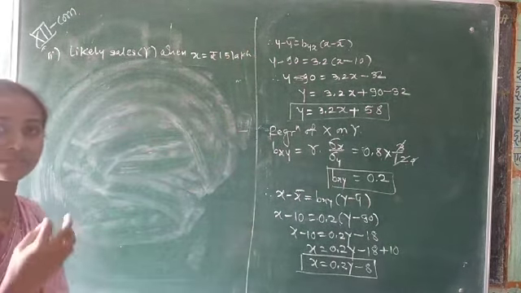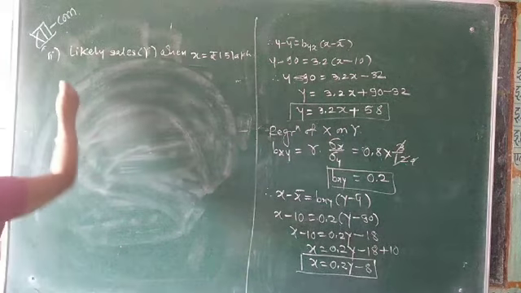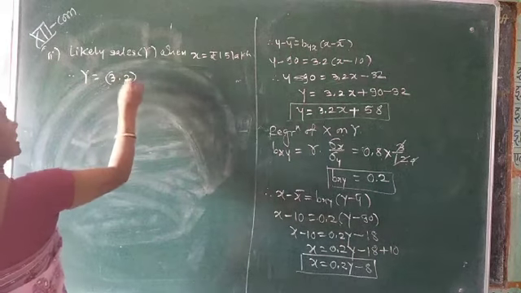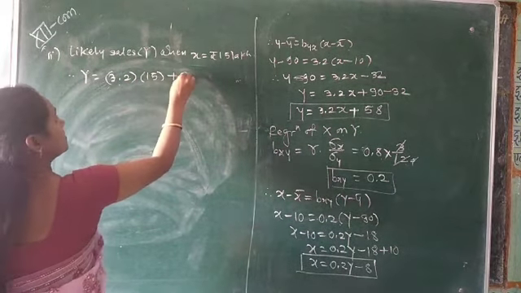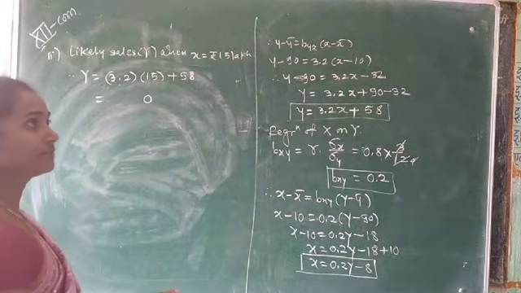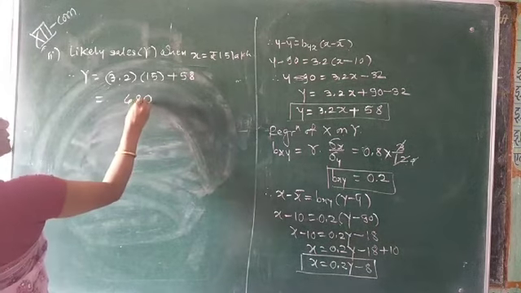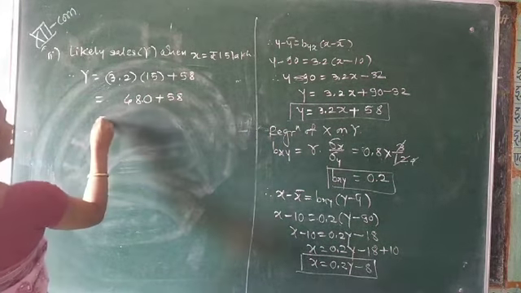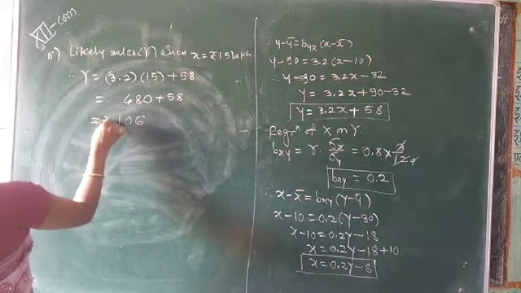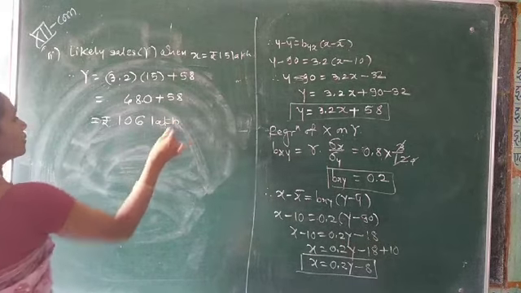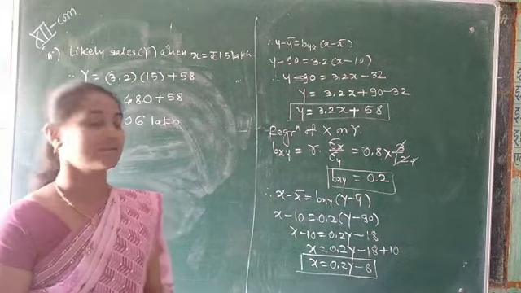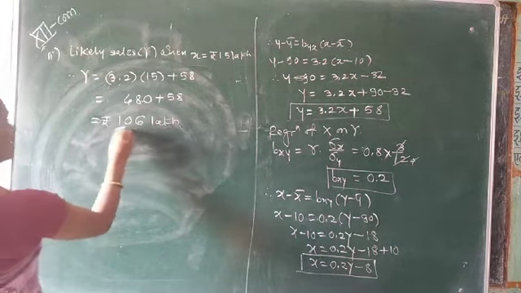That means we have to estimate y when x is 15. Therefore y is equal to 3.2 into 15 plus 58. So 15 twos are 30, carry 3, 15 threes are 45, 45 plus 3, 48, and 48 plus 58 is 106. Therefore, when the advertising budget is rupees 15 lakh, then the likely sales are rupees 106 lakh.